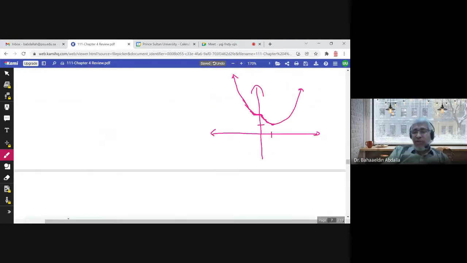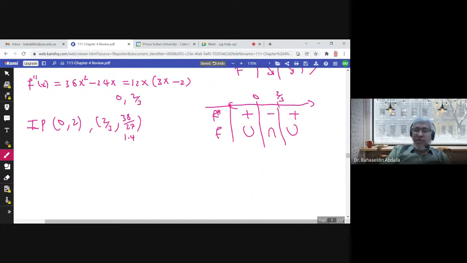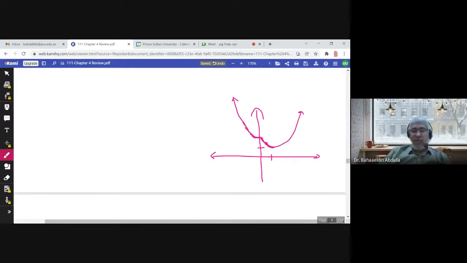2 over 3 is 0.7. So here 0.7 and 1.4, this point is an inflection point. So it is concave up from 2 over 3 to infinity. From 2 over 3 to 0, it's concave down.